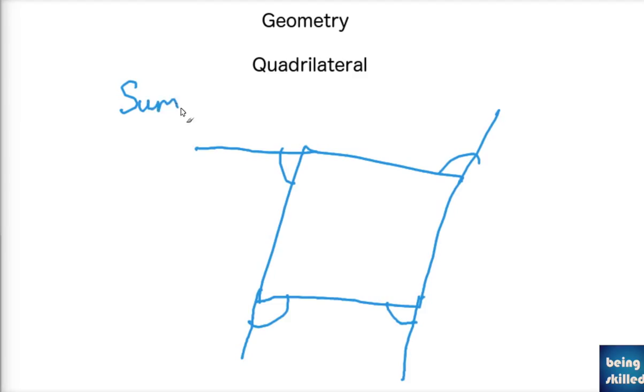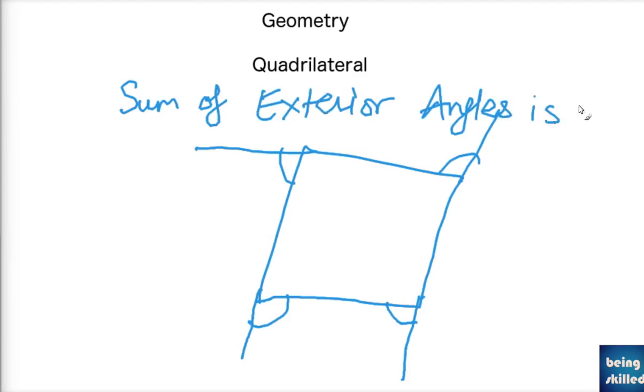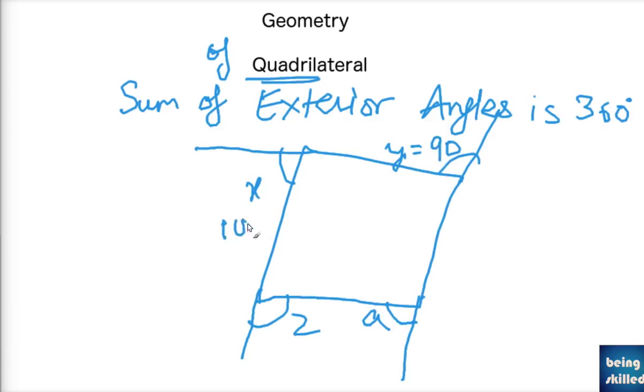So we have these angles x, y, z, and a, and now we have to find these angles. How will we do it? We should know some angles. So let's say y is 90, x is 100, z is 80.